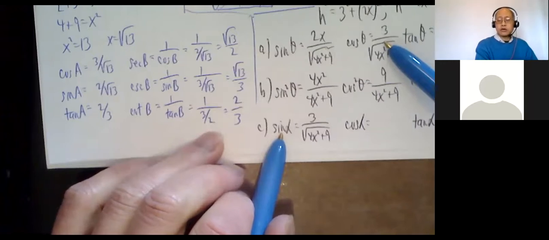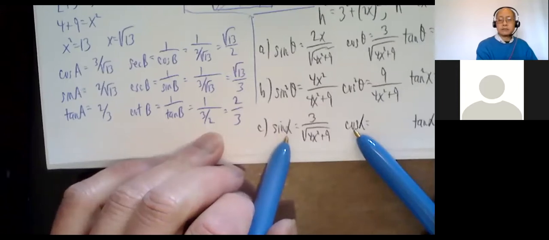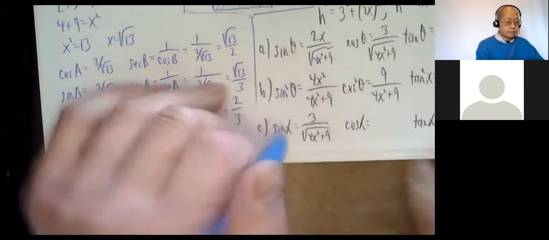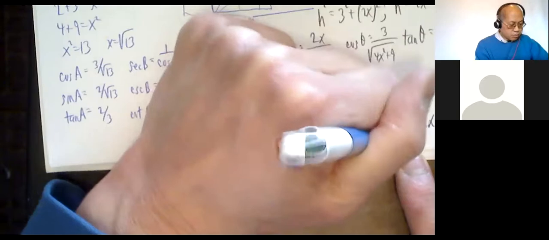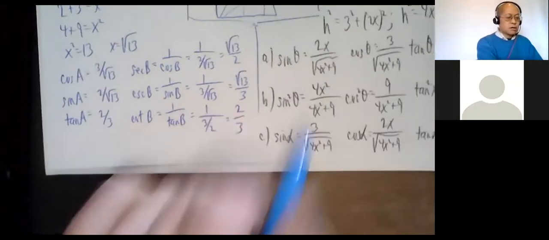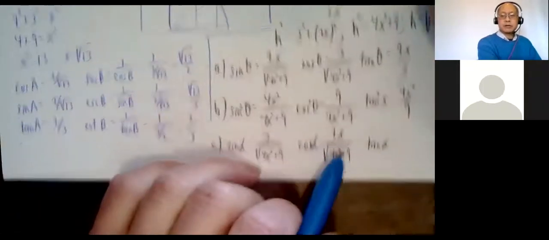If I do the same trick and don't even look at the triangle, what should cosine alpha be the same thing as? Sine of theta. So I'll just copy that. 2x over radical 4x squared plus 9. Let's actually double check though. Cosine is adjacent over hypotenuse. Adjacent 2x, yes it is, and hypotenuse, that's correct.